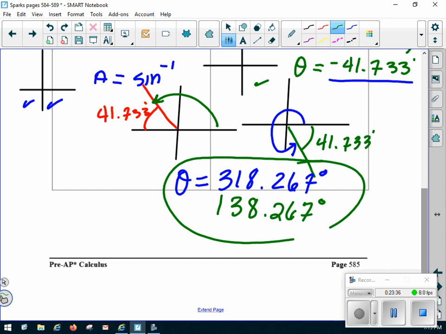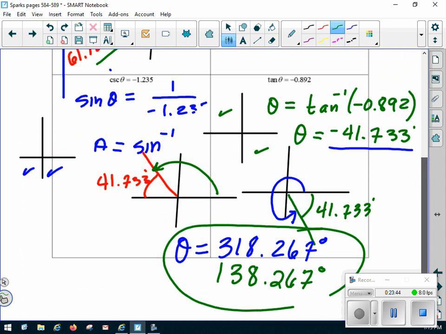How would you know which quadrant tangent would be negative? Because we know that we're given an angle that has a negative tangent, and we know that tangent is negative in quadrants 2 and 4. Do you remember the day that I had you put cosine, sine, tangent in each quadrant?